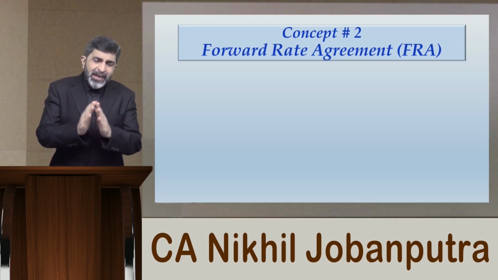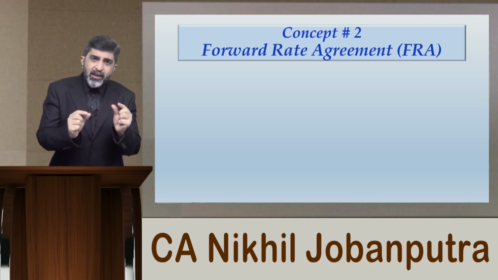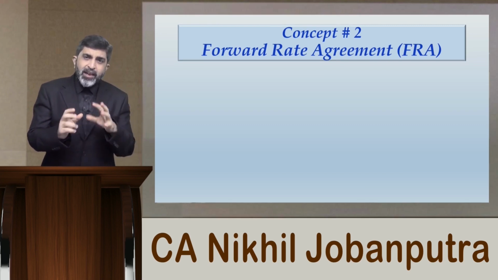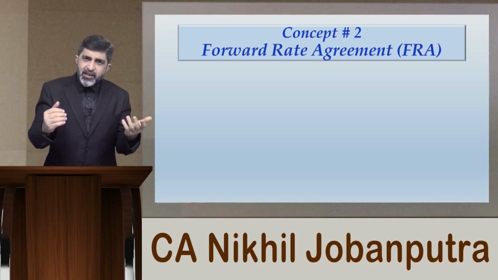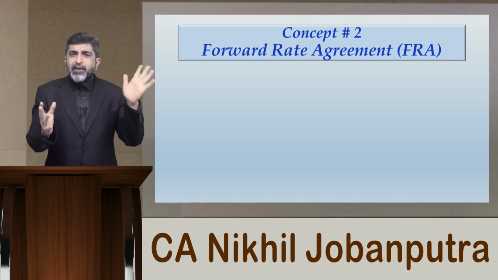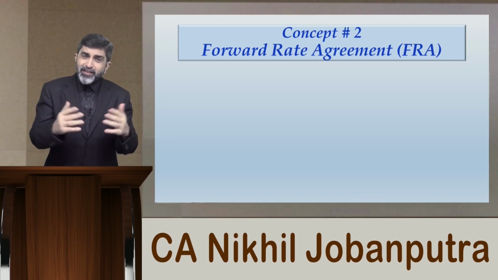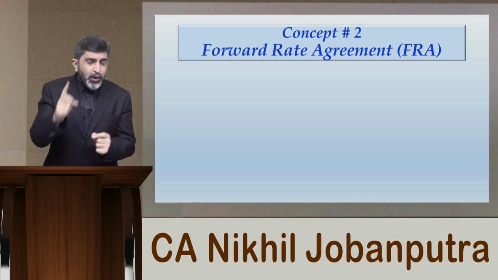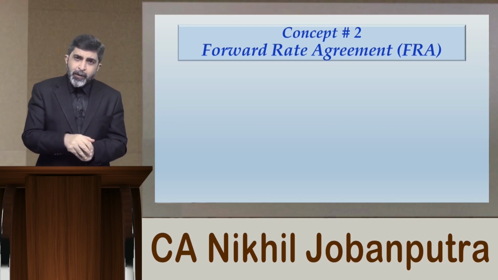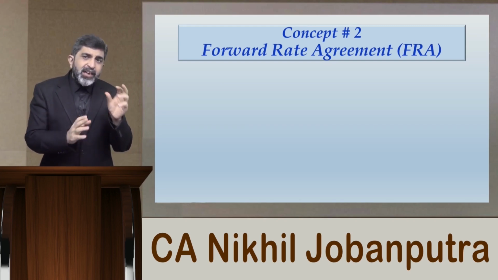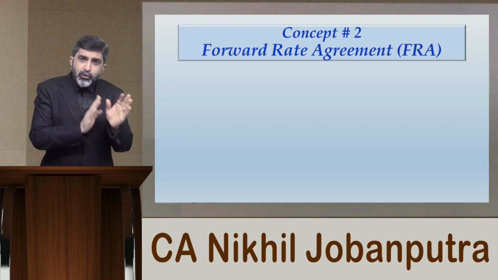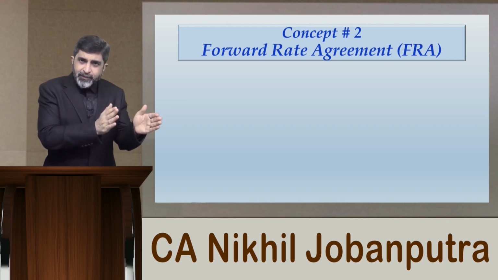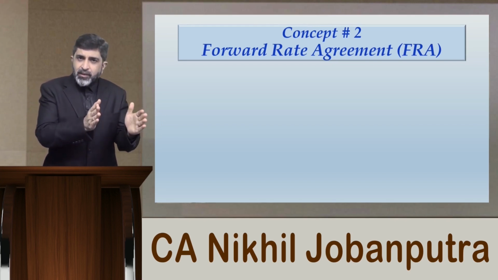So many a times you would have seen forward rate agreements styled in terms of time. For example, you would have seen 6/9 FRA. Now, if I simply say 6/9 FRA, you should know how to interpret it. Basically, it is in terms of months. So 6/9, it is 6 months and 9 months.